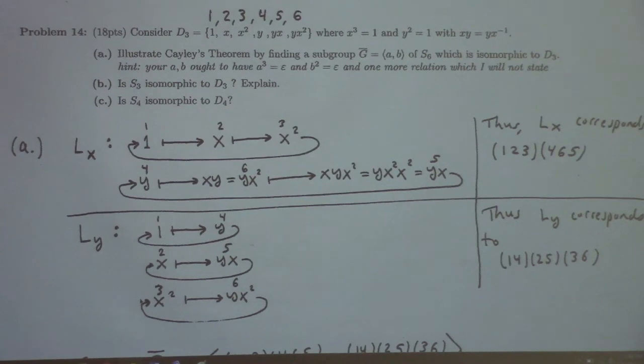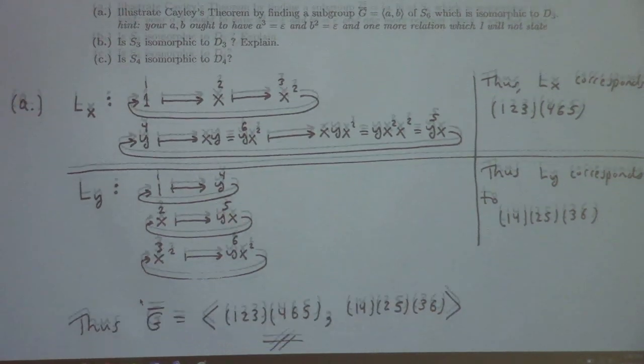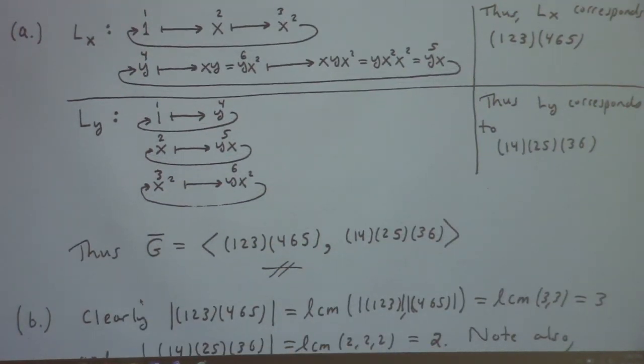Okay, so now that's it, because the isomorphic group needs 6 things, right? This has order 3, this has order 2, because of the least common multiple of the disjoint cycle factorizations. The least common multiple is 3 here, and 2 there. And so if I've got an element of order 2 and an element of order 3, then I put them together, I get 6 things.